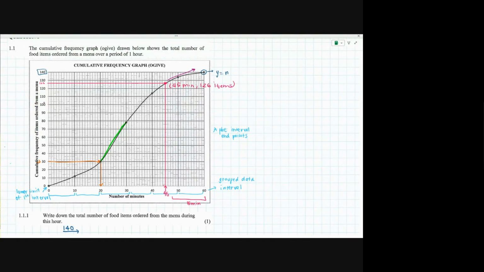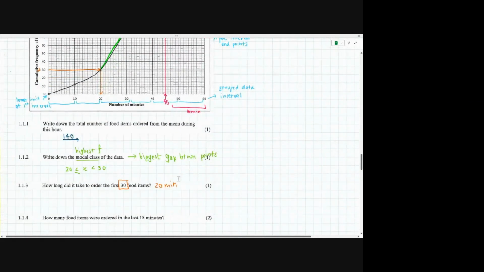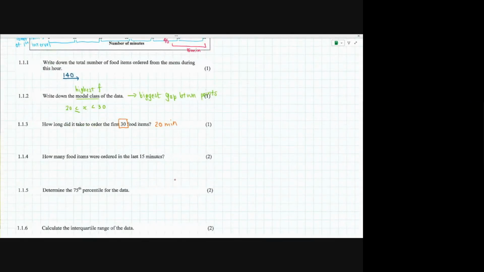Now, if we know that 140 items were sold in total, and we know that after 45 minutes, 126 items were sold, we can go and work out the difference. So we would need to take the 140 and subtract the 126, and we would get that 14 meals were sold in the last 15 minutes.